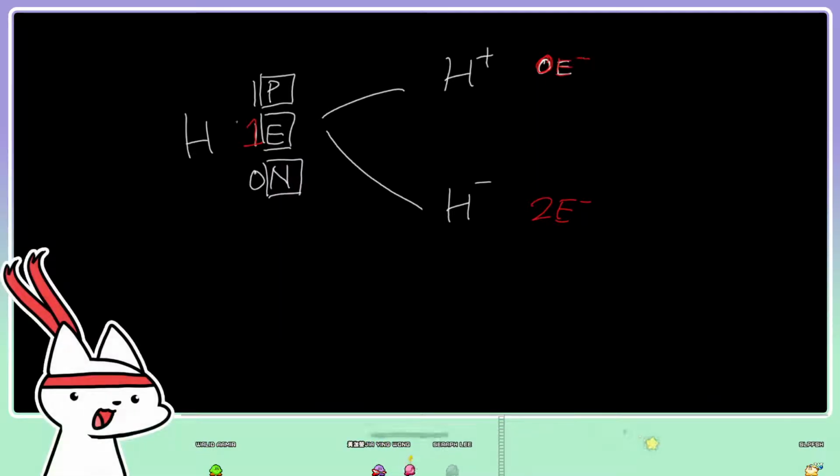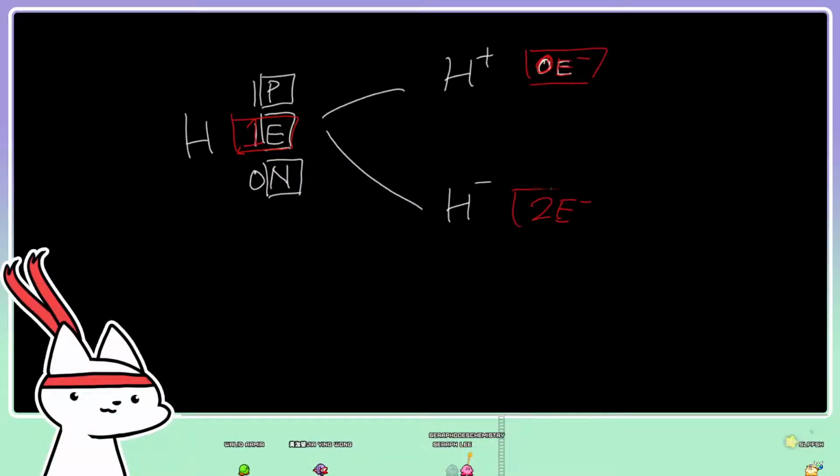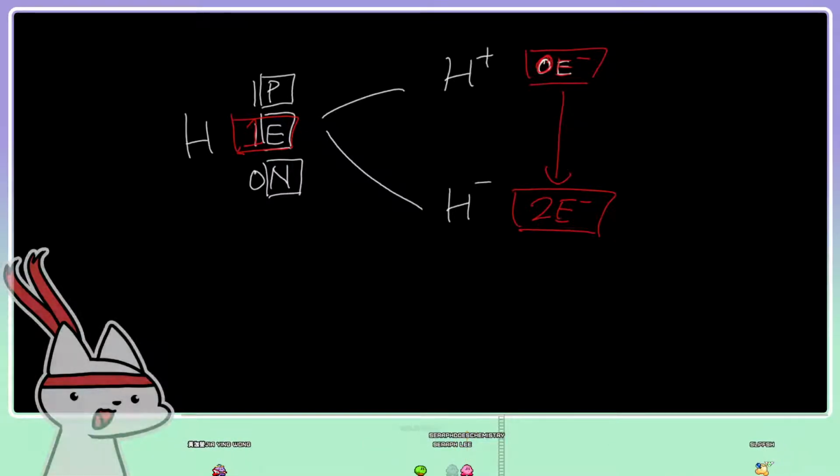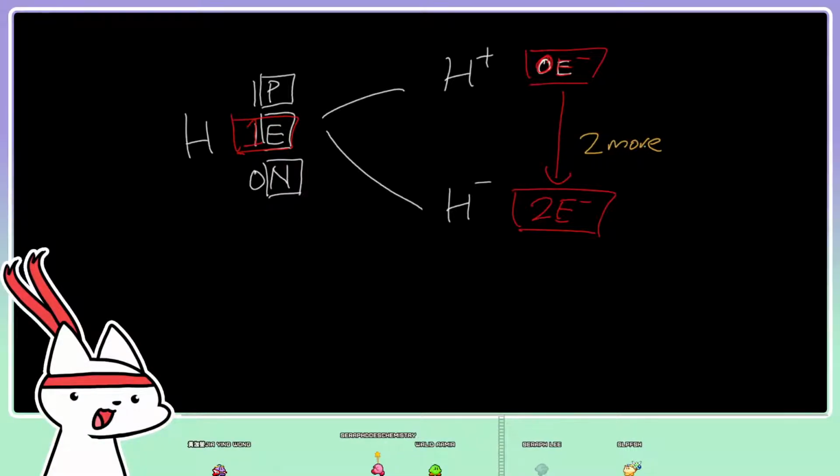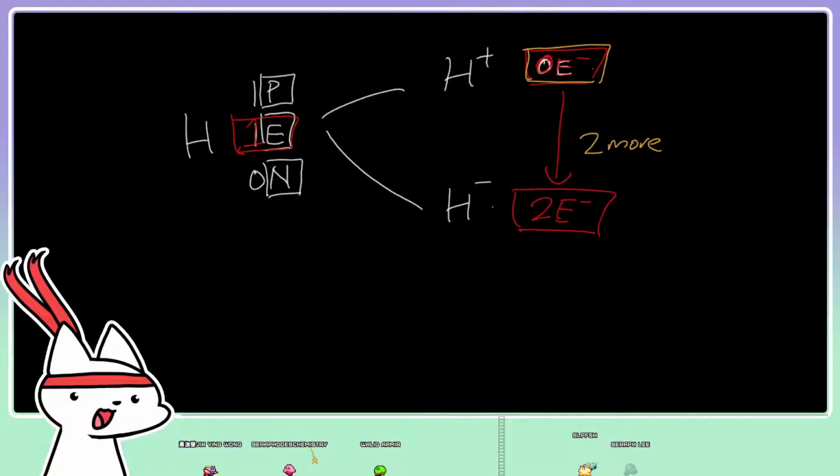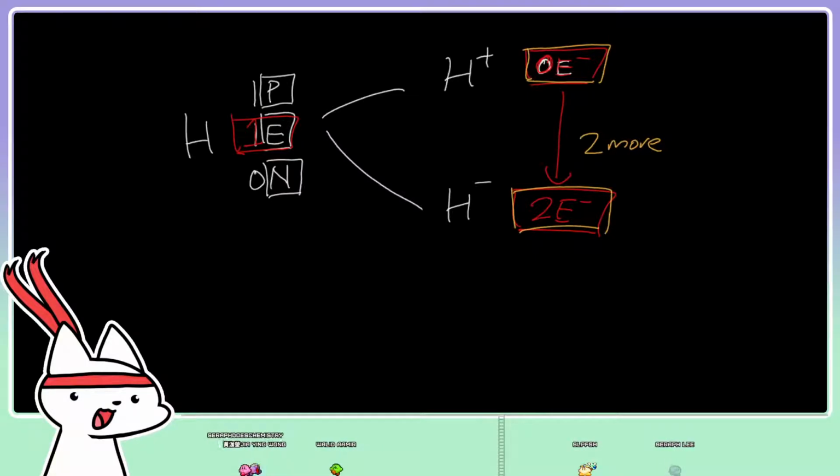So as you can compare, one electron turns into 0 here, one electron turns into 2 here. So if you were to compare that case, H minus has 2 more. It's actually 2 more electrons in terms of difference. Okay, so it's not 1 more, it's 2 more, because from 1 it becomes 0, compared to something having 2.